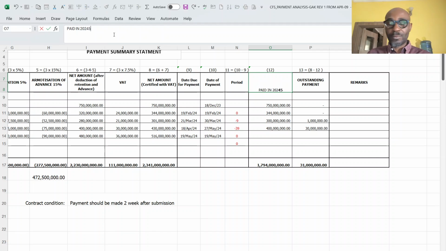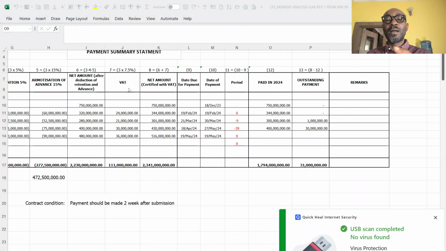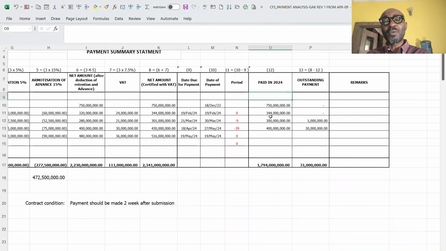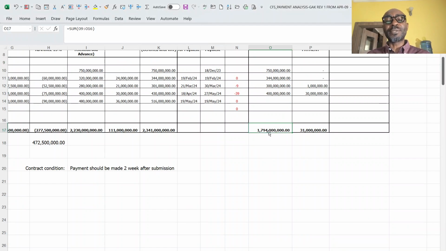So when you're preparing your final account, you know what was paid to you through check or through transfer, whichever means, because you are relating with your finance department.